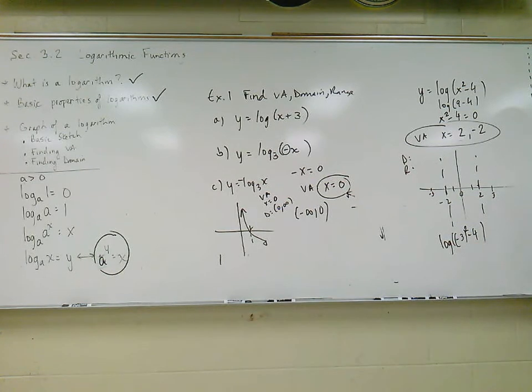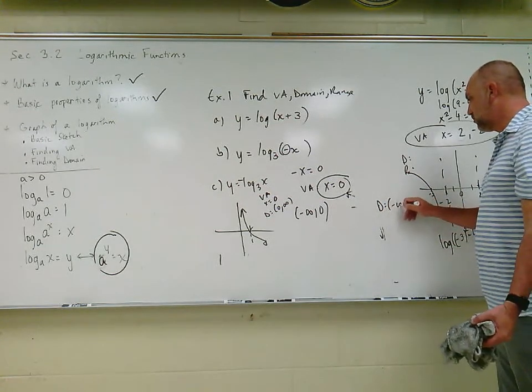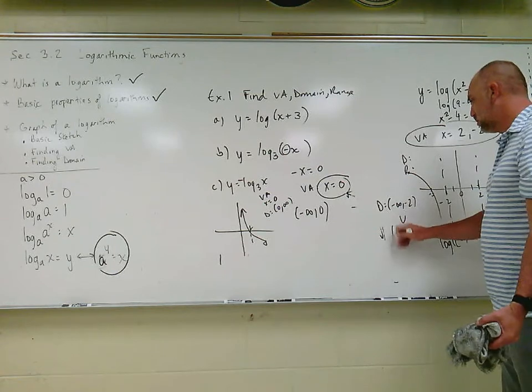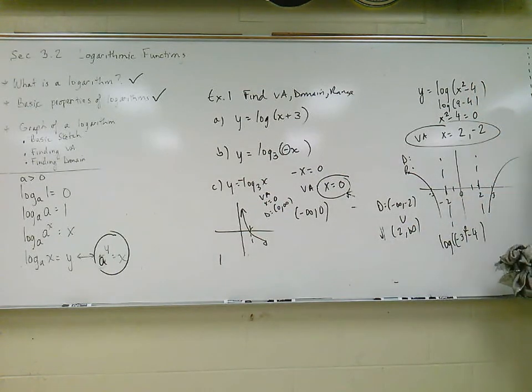So where do you think the graph is? Is it in the middle? Is it on the left? Yeah. Is it on the right? It actually does this. Okay? You can use your calculator to help you, but you can see how I can think through what the domain is. So I know the domain has to be -infinity to -2 union 2 to infinity because I'm thinking about what I can plug in.